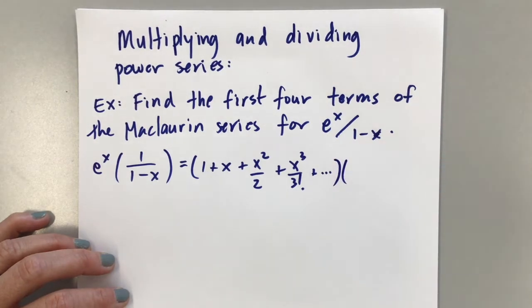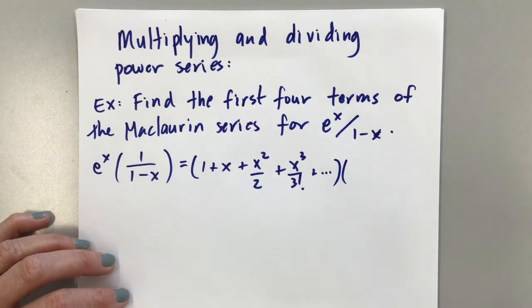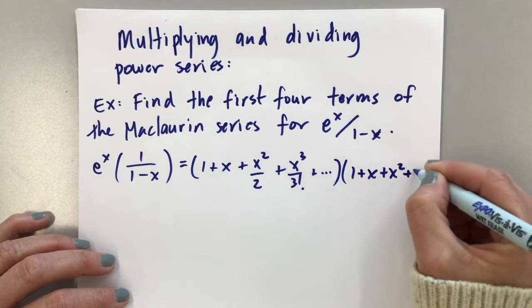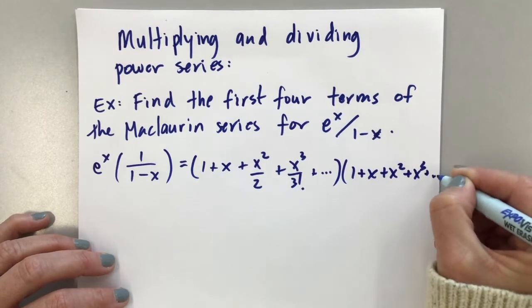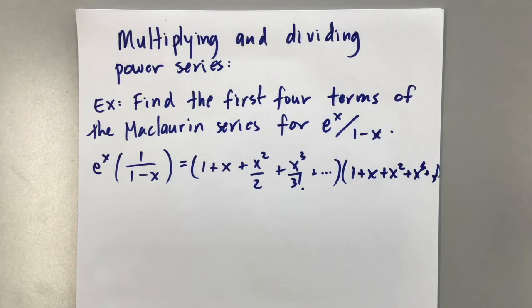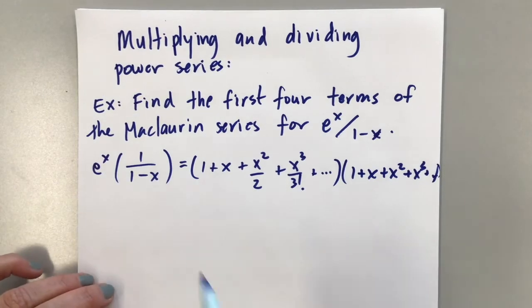Okay, and then the Maclaurin series for 1 over 1 minus x is just 1 plus x plus x squared plus x cubed, and so on. All right, so the way we do this is we basically expand it out the way we normally multiply polynomials together.